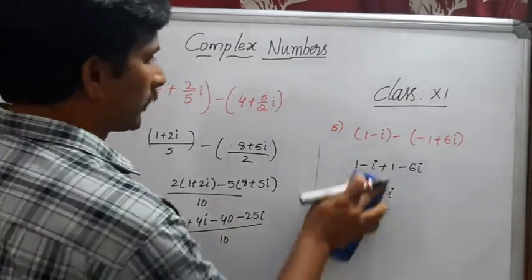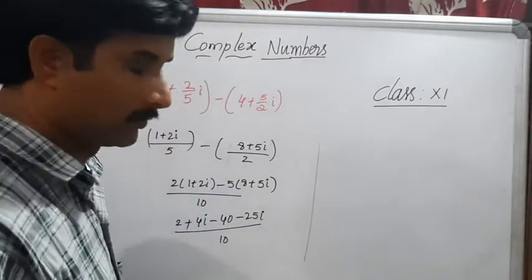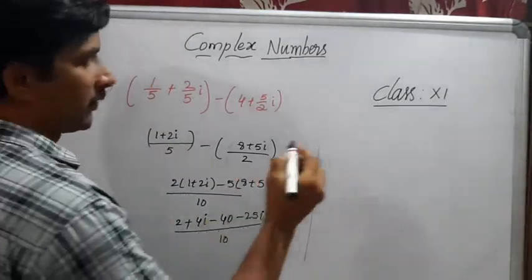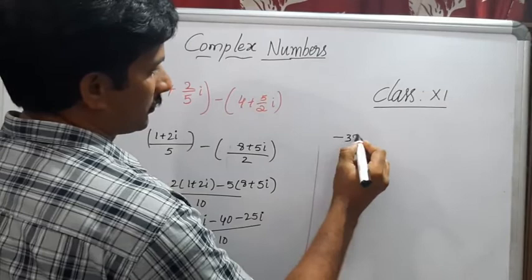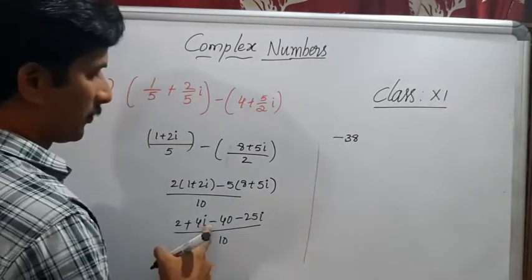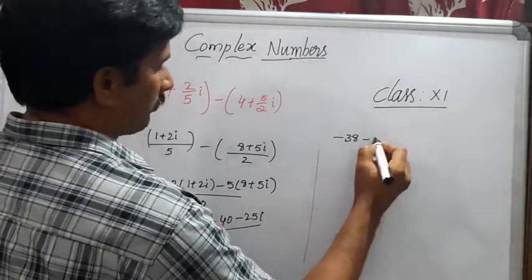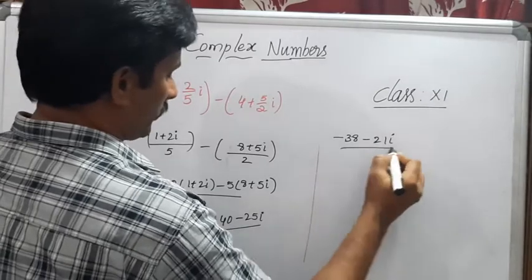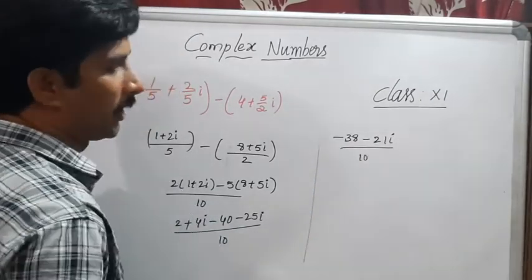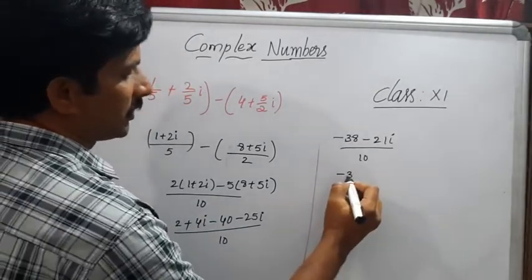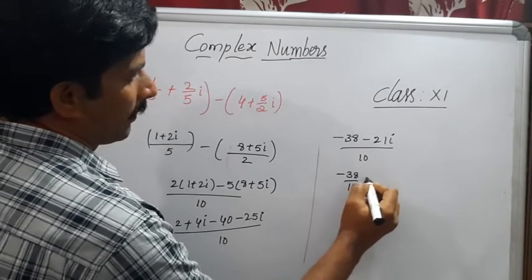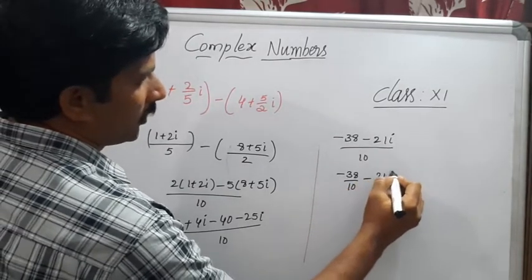Now on adding the like terms, 2 minus 40 is minus 38, plus 4i minus 25i is nothing but minus 21i, by 10. Dividing both the terms by 10, minus 38 by 10 minus 21i by 10.